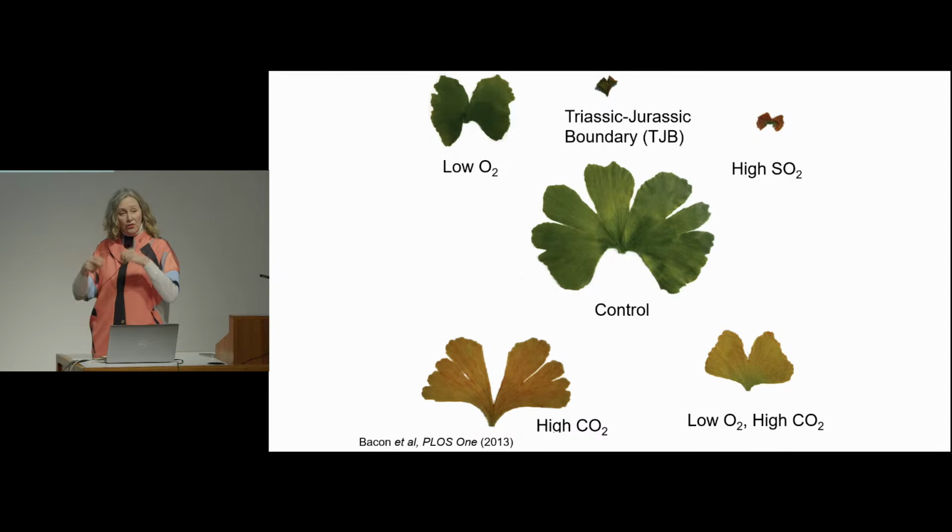So the tree constantly tries to produce a new leaf, but they fail, but the plant doesn't die. But knowing this information, we were able to pinpoint exact times in Greenland when there must have been high sulfur dioxide concentration, because we're able to calculate how leaf area changes.